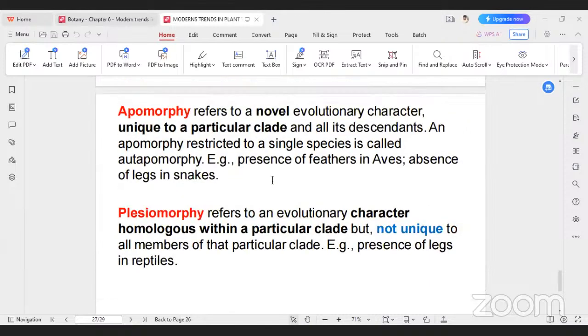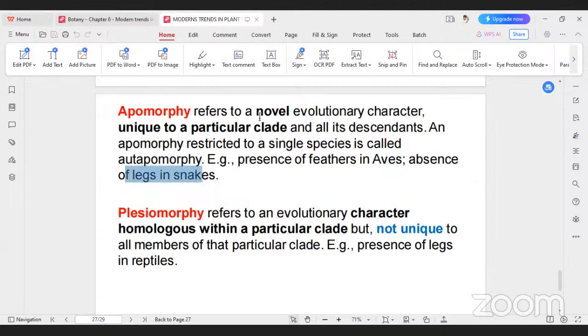Apomorphy refers to novel evolution. Apomorphy means novel evolutionary characters, new evolutionary characters unique to a particular clade. It is in that clade and all its descendants. For example, the presence of feathers in aves, the absence of legs in snakes.